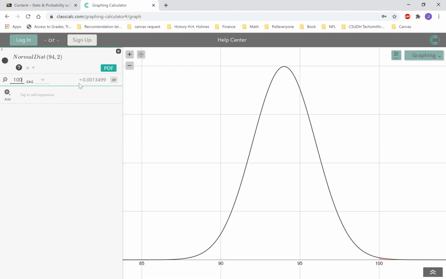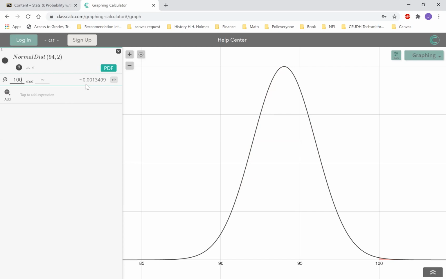If you look at it, we get a probability of 0.0013. So I say the probability that x is greater than 100 is equal to 0.0013.